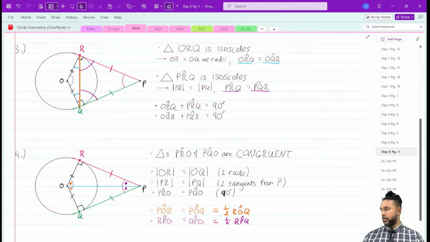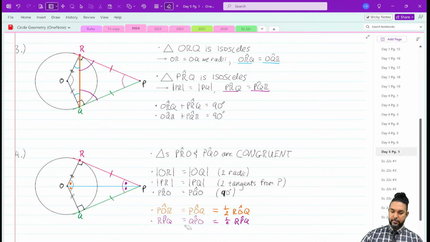The last part being what they call the group, half of the angle. You're correct, RPQ, sorry, thank you very much. And then QPR.